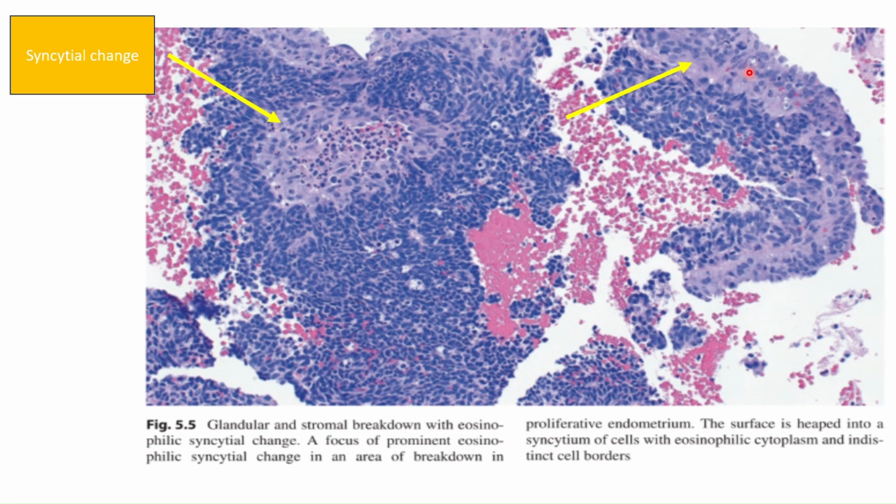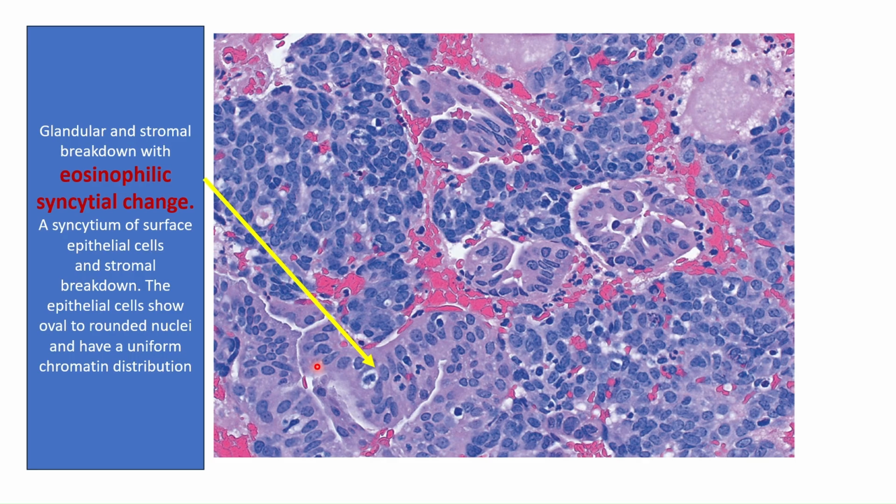So this is called syncytial change or eosinophilic syncytial change in case of AUB. In high power view, we can easily appreciate syncytium of the surface epithelial cells along with the breakdown of stromal cells surrounded by RBCs. Here the syncytium shows round to oval nuclei with a uniform chromatin pattern.